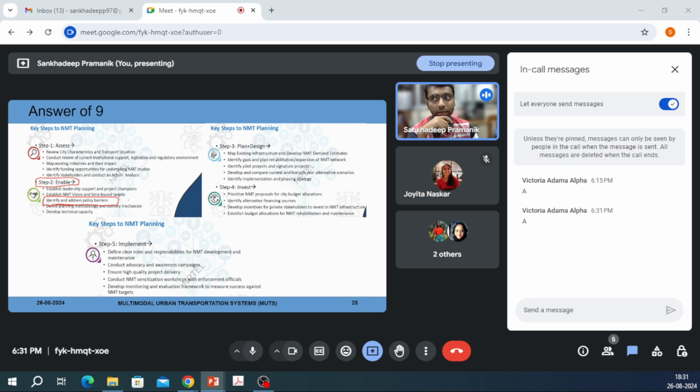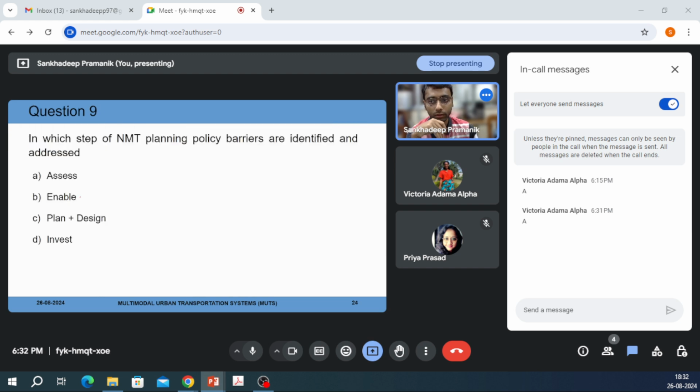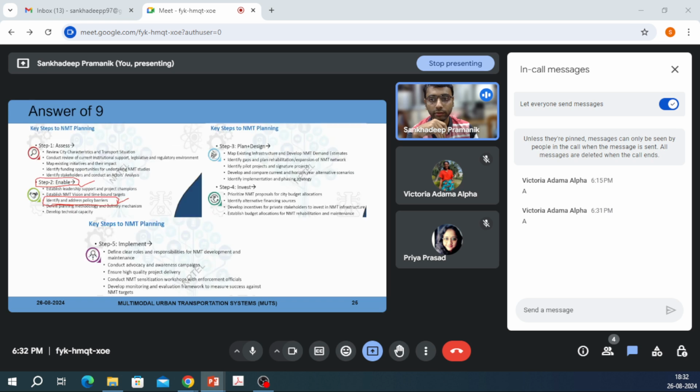There may be certain barriers, like in some cases we want to implement a bicycle lane, but there may be a policy in the city that people cannot ride the cycle in particular areas. So these kind of policy barriers we have to see in the enable step. So option B will be the correct answer.